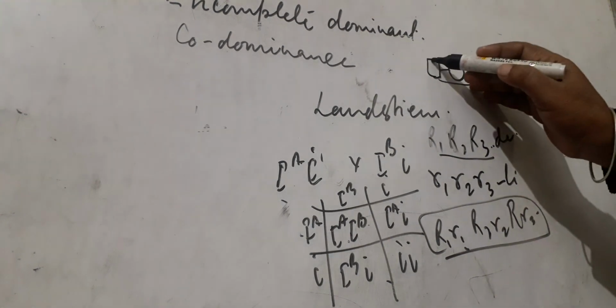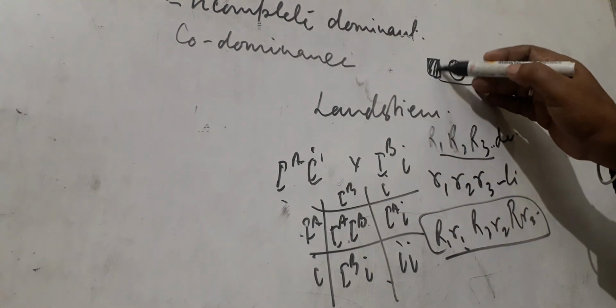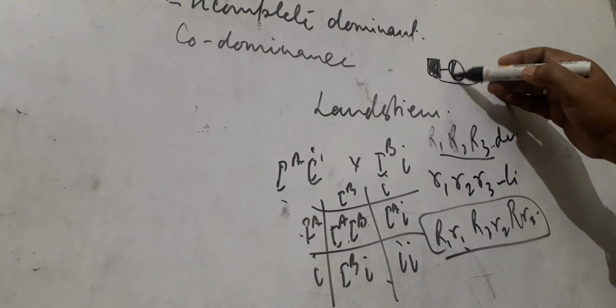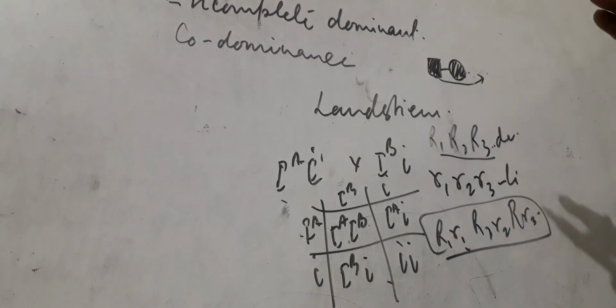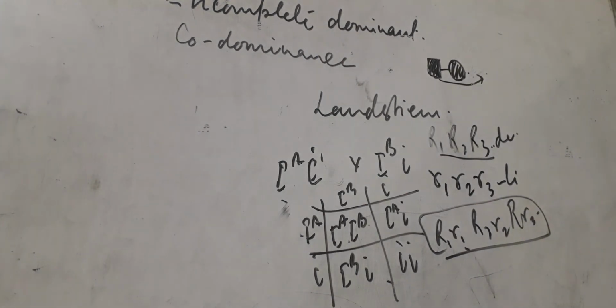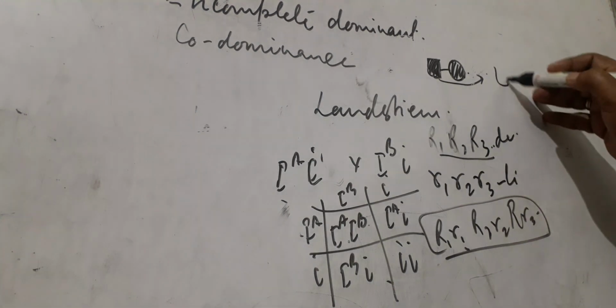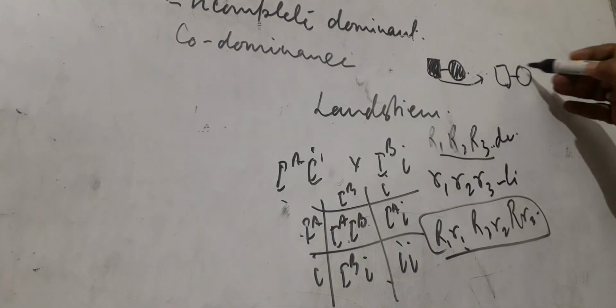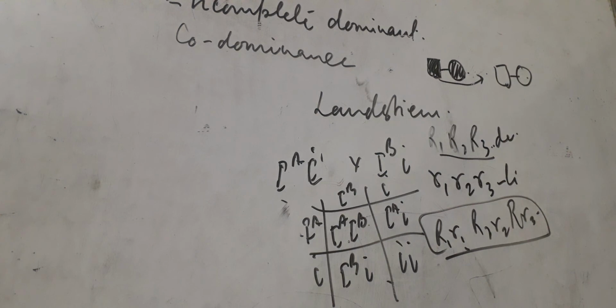And when we darken the symbols, it means the person is affected by the gene, full or half. It occurs in every generation. Unaffected ones have no shade. So now this is half part of this chapter, principles of inheritance and variations.